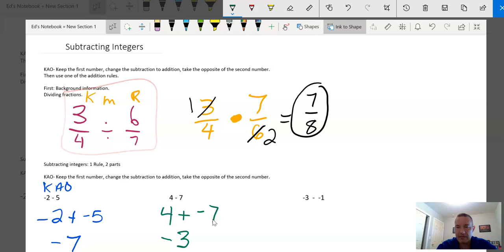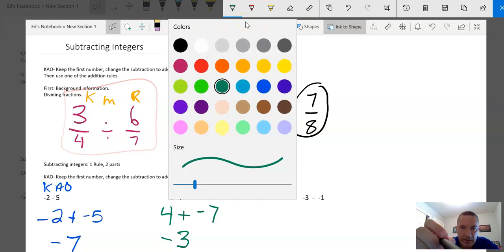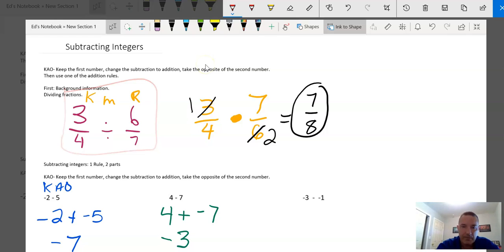Right, and then let's look at the last one. Let's switch our color here. Let's go with red. And we have -3 minus -1. So we're going to do our keep, change, opposite. We keep the first one again, so we keep the -3. We change our subtraction to an addition problem. And then what is the opposite of -1? That's 1. Once again, we're adding. Are the signs the same or different?